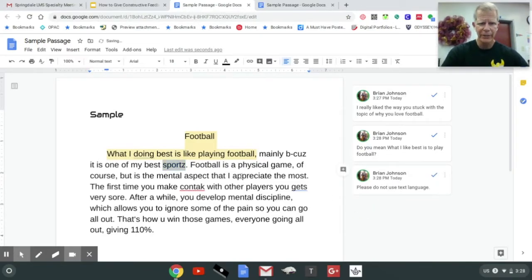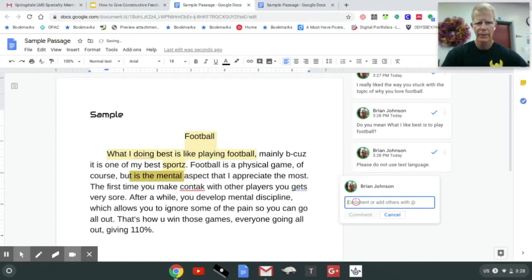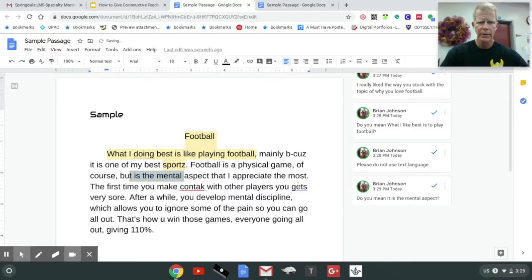Then when I go to the second sentence, football is a physical game, of course, but is the mental aspect that I appreciate the most. So I think they might mean something different other than is the mental aspect here. Again, I'll ask a question. Do you mean it is the mental aspect that I appreciate the most?